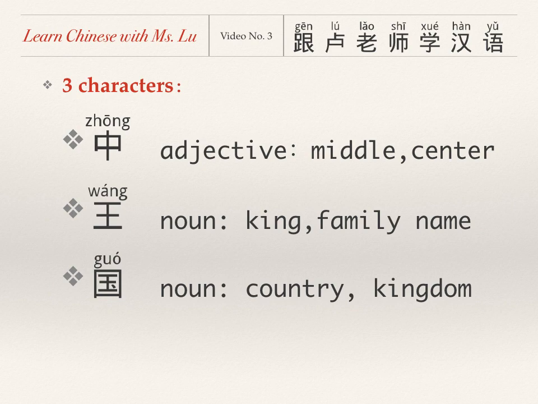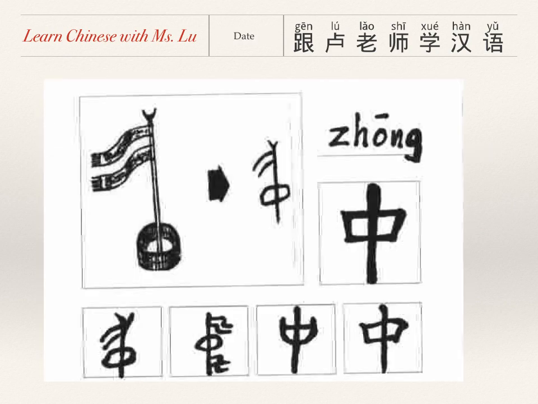The second one, Wang, is a noun, means king, and also is a very popular Chinese family name. The last character is Guo, which is a noun, means country, kingdom. Now let's take a look at some illustrations of these characters.